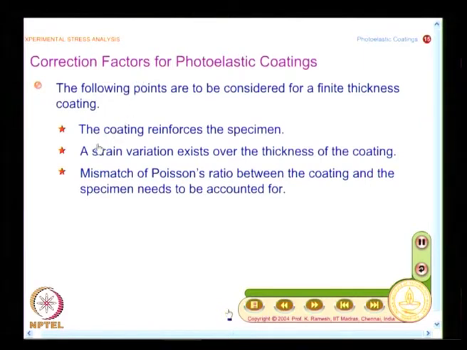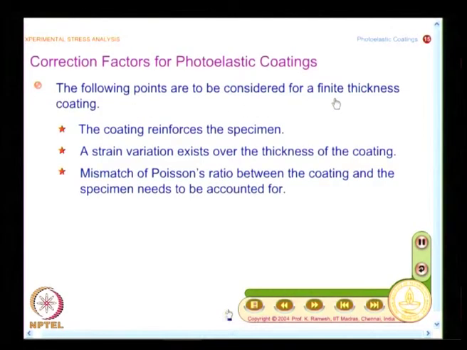And the first consideration is the coating reinforces the specimen. And why do we have to look at this? We have a finite thickness coating. Suppose I have a magic material, I simply go and spray it on the actual specimen, which is what is done in the case of image correlation, where you have a white paint, or in thermoelasticity, you put a black paint, where the coating thickness is negligible, in terms of microns.